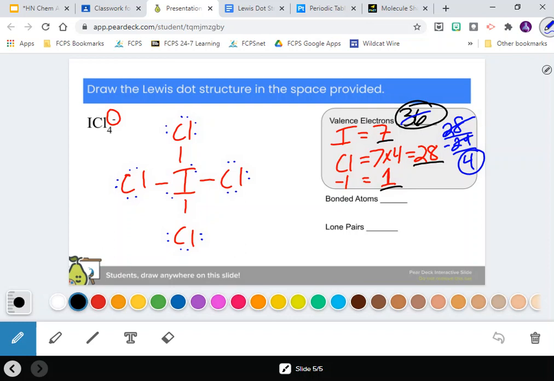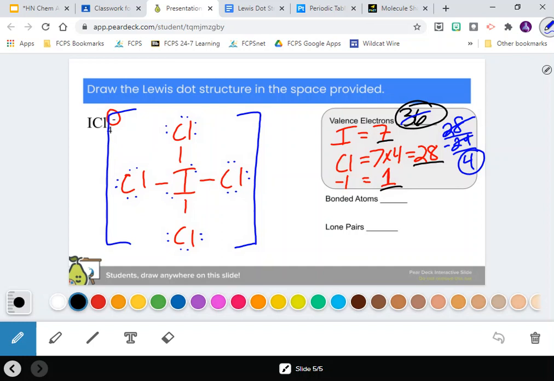What is the other thing that we need to make sure we add to this particular structure? Because it's a polyatomic ion, that designates it separate from regular molecules. Brackets, we need brackets. And what else?